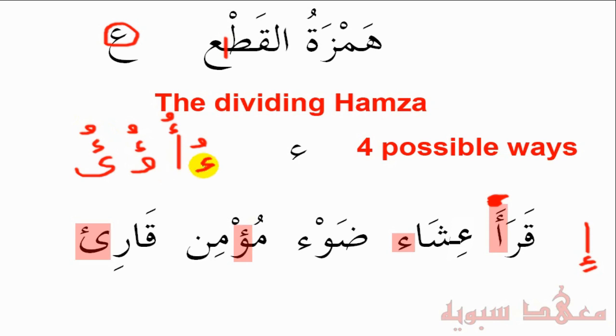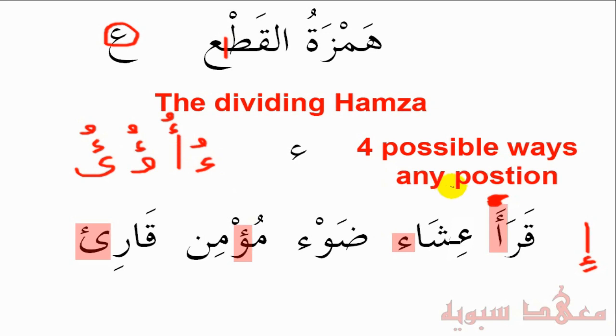So u, u, u, u. So the question is, if this occurs in a word, how do we know how to write it if there's 4 possible ways? Another point is that the Hamzatul Qat' can be in any position. And this is different from the other Hamza that we'll speak about later on. So it can be in the beginning of a word, in the middle of a word, or at the end.